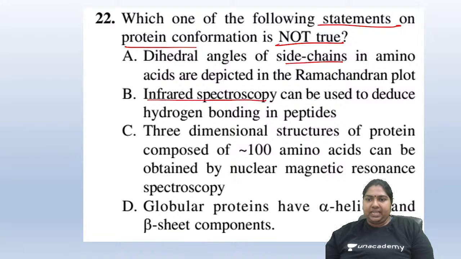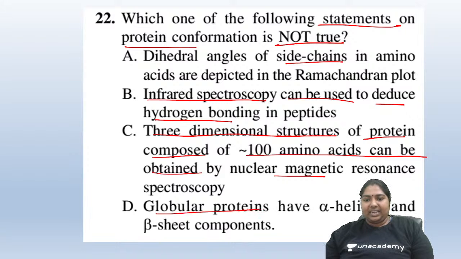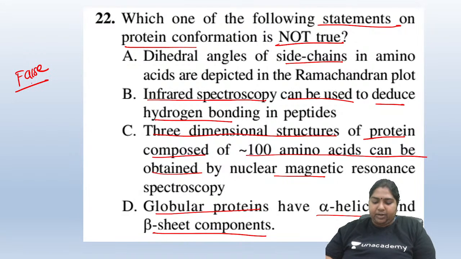Infrared spectroscopy can be used to deduce hydrogen bonding. Three-dimensional structures of proteins composed of 100 amino acids can be obtained by NMR. Globular proteins have alpha helical and beta sheet components. So which is a false statement? Come on everybody, try it out and let me know.